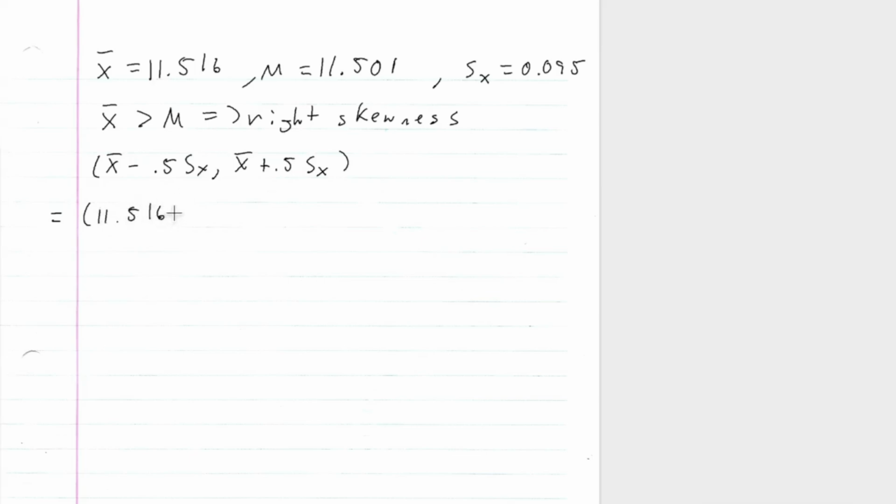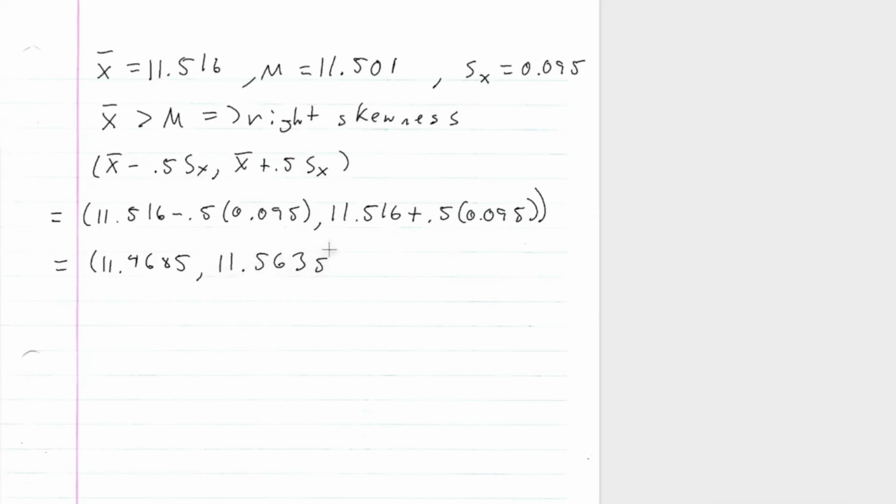This is equal to 11.516 minus 0.5 times 0.095, and then 11.516 plus 0.5 times 0.095. And this gives us the interval 11.4685 to 11.5635. So we can see that the median, 11.501, is contained in this interval, right?